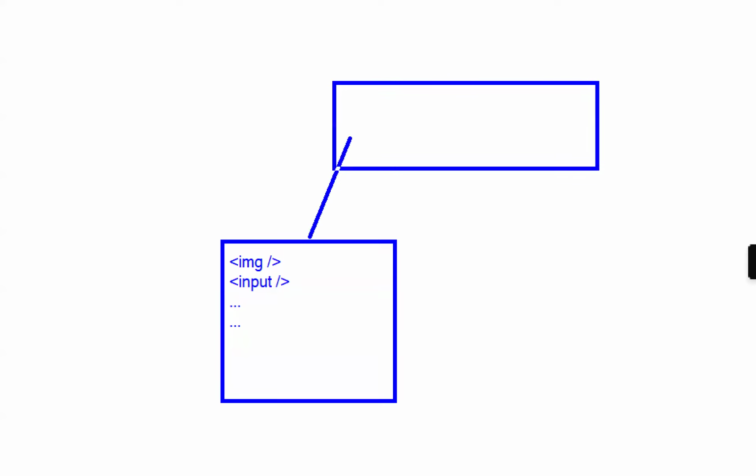A small introduction I will give you about this. For example, you are designing one HTML page with controls like an image control and an input control. With these controls, you are creating one HTML page. Now, when you load that page, first of all, one object is created in RAM.